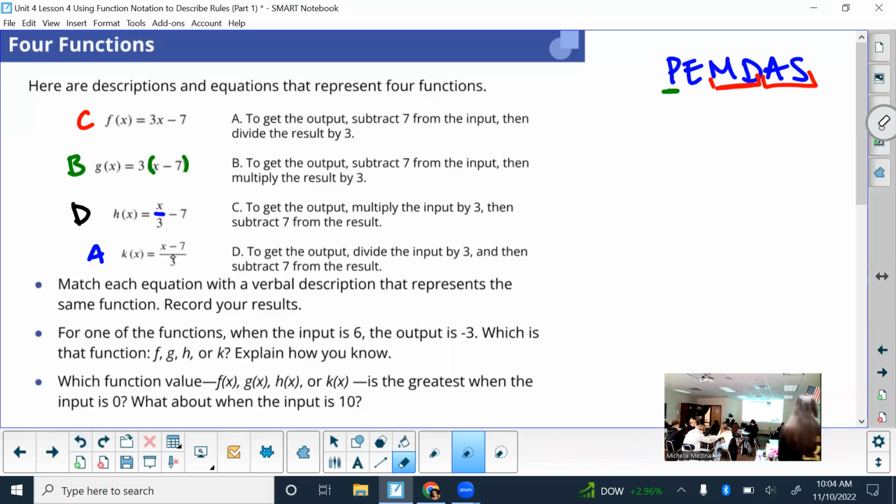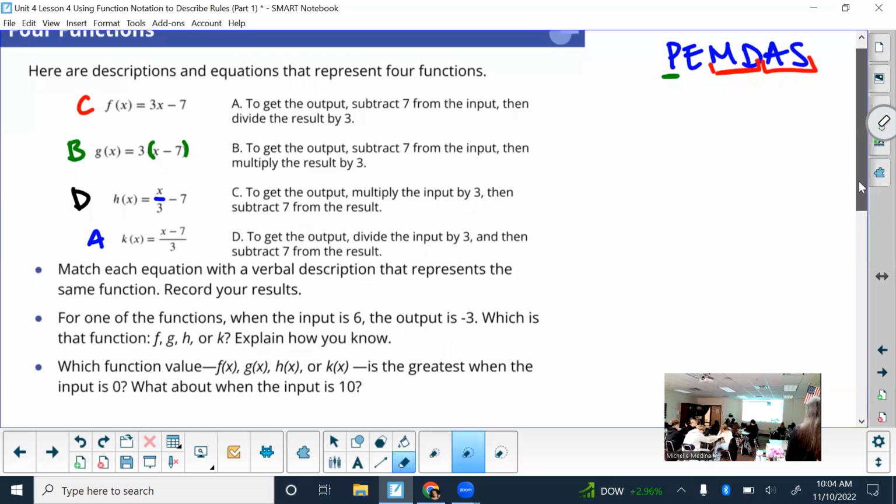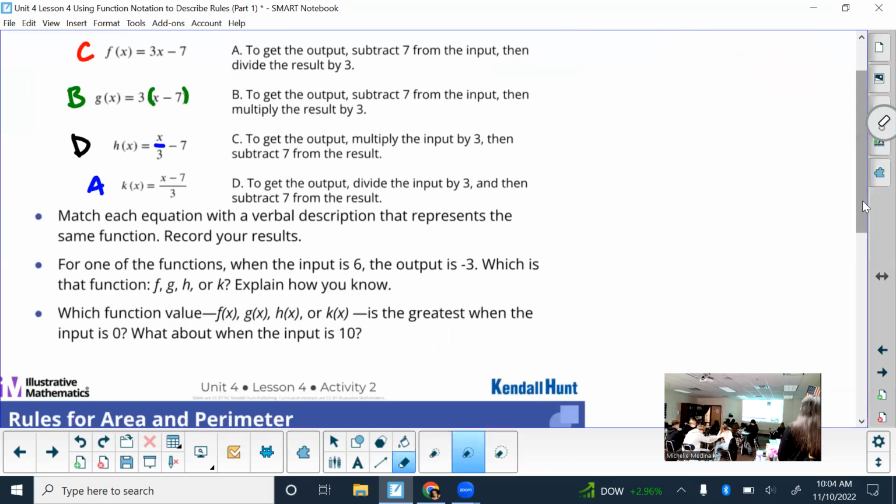All right, so that step 1 is making sure that we understand how to translate the descriptions into numbers and symbols. Now you're going to figure out which one of the functions has an output of -3 when the input is 6. You'll figure out if it's f, g, h, or k.